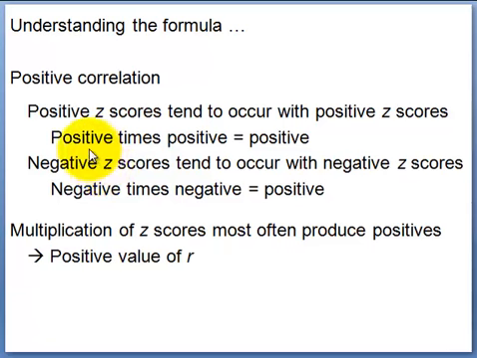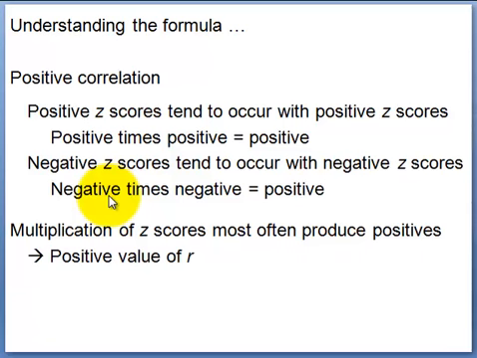So, in positive correlation, you're going to have pairing most often of positives with positives. Positive z-scores with positive z-scores. And when we multiply z-score on x times z-score on y, we're going to get, for those cases, a positive times a positive. And you know from early math that a positive times a positive equals a positive. And then similarly, the negatives go together, so we're going to get a pairing of the negative z-scores most often.